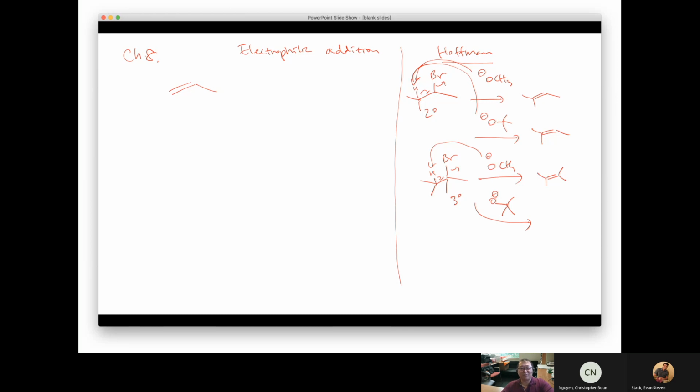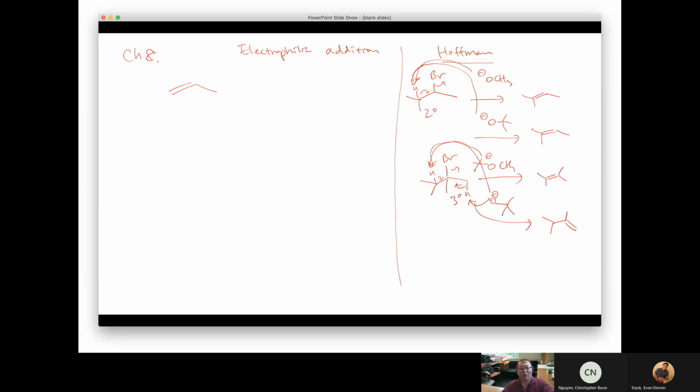It's a bad complementary situation, so the base cannot come to that side. The only thing it can do is go for the more accessible hydrogen, because that's the only one it can reach. So this is the situation where you get the Hoffman product.